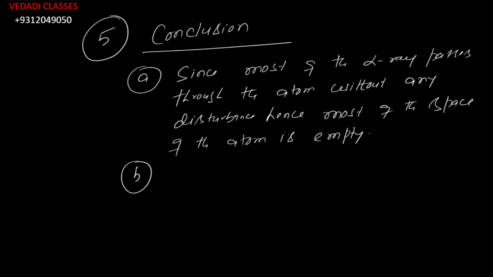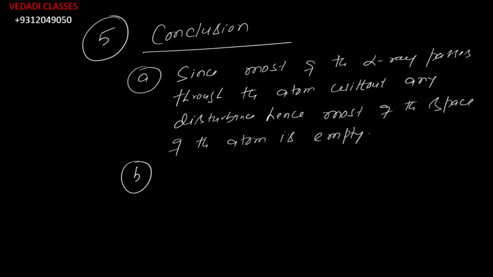So both observations lead to the conclusion that since some of the alpha rays are deflected with some angle and 1 out of 20,000 reflects back on its own path, the rays which are deflected with some angle were near the nucleus, and the rays, 1 out of 20,000, strike the nucleus and reflect back.